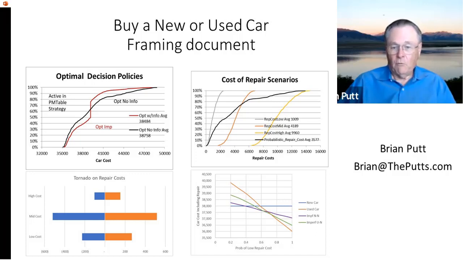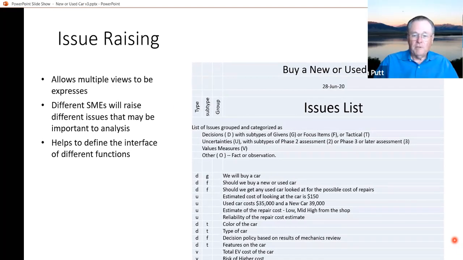We're going to look at repair costs for the used car that are continuous. We're going to talk about tornado charts, and actually an expanded tornado chart. And then we're going to look at sensitivity charts and the optimum decision policy as a function of that sensitivity.